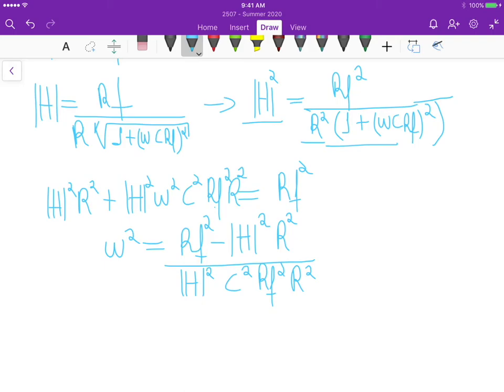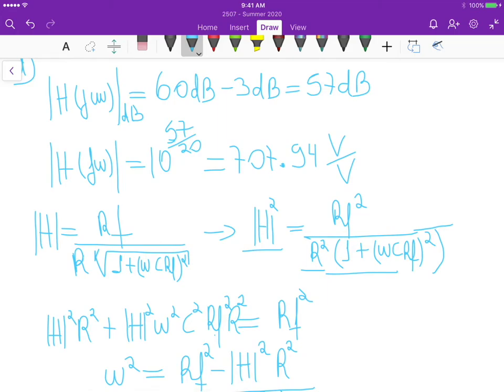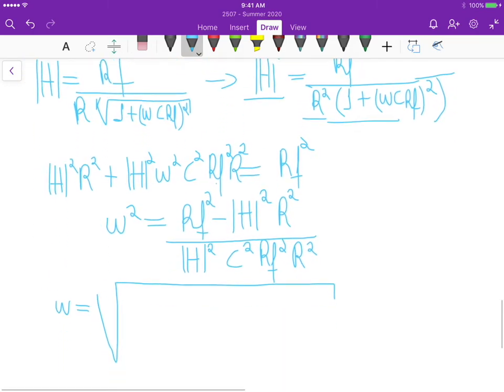So it's just a matter of substituting the values that we know. The frequency at 3 dB is going to happen when we have that gain.